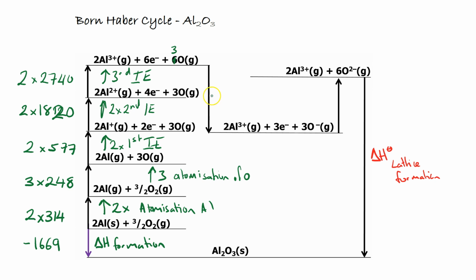And this first step down now, we're now looking at the first electron affinity here, and the first electron affinity for the oxygen. Notice we've got 3 of them, so we're now at 3 times minus 142. Remember, this is an exothermic reaction because we've got an attractive force between the electrons and the positive nucleus.